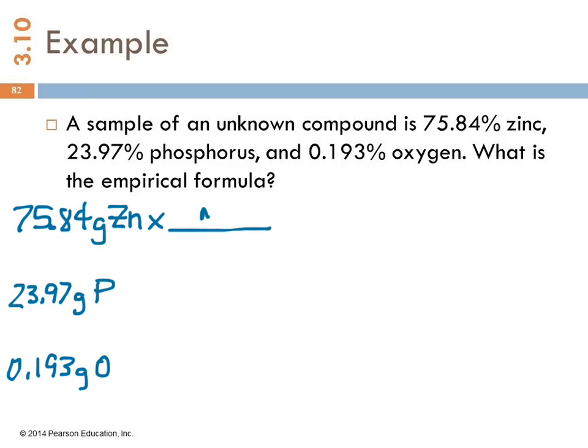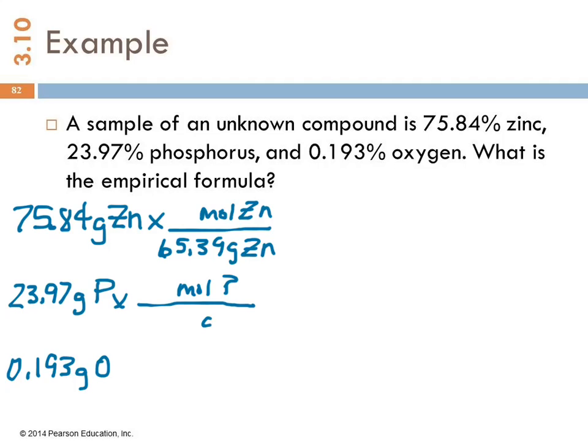We want moles of zinc, and we're dividing by grams of zinc. The periodic table says 65.39. Here we're going to have moles of phosphorus divided by grams of phosphorus.